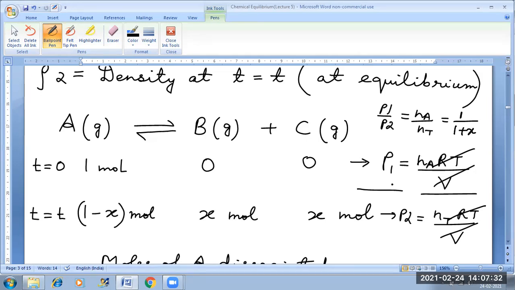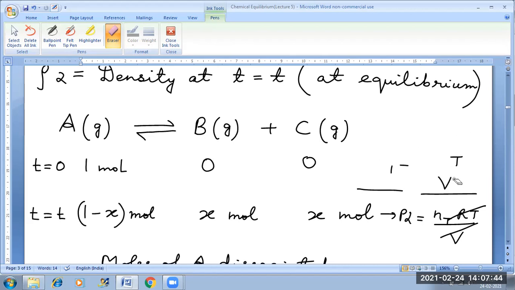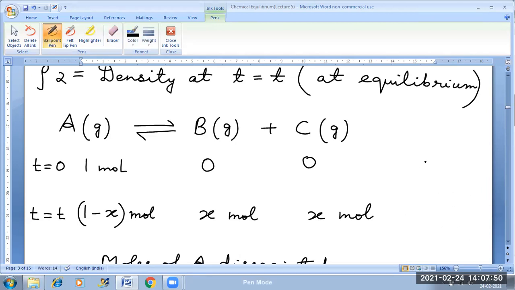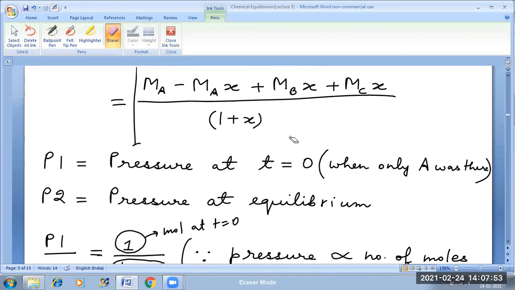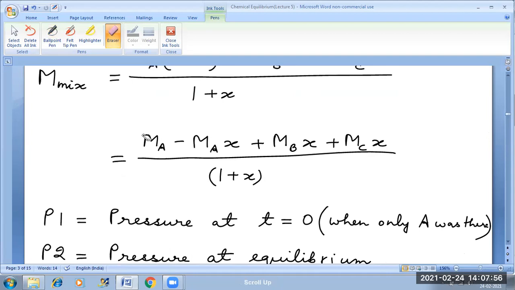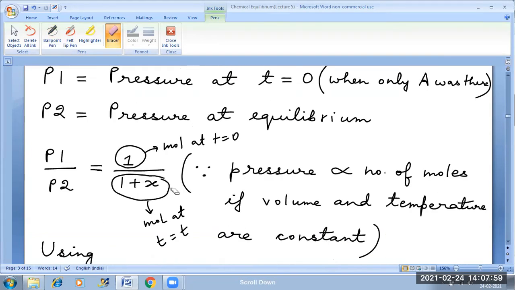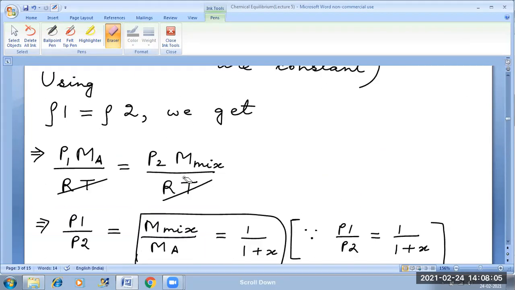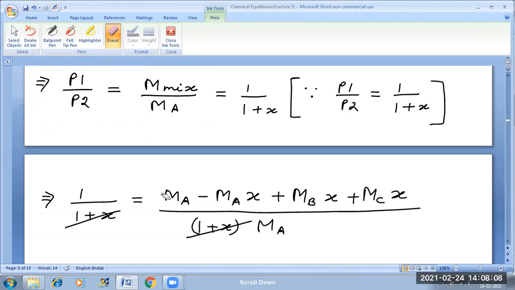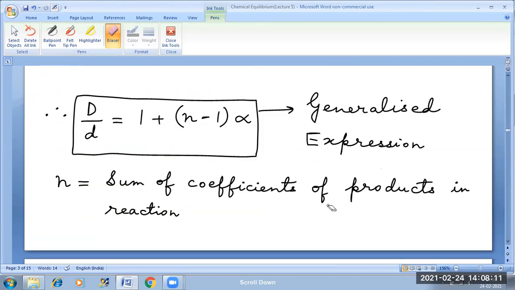Any doubt? So this is the generalized expression.